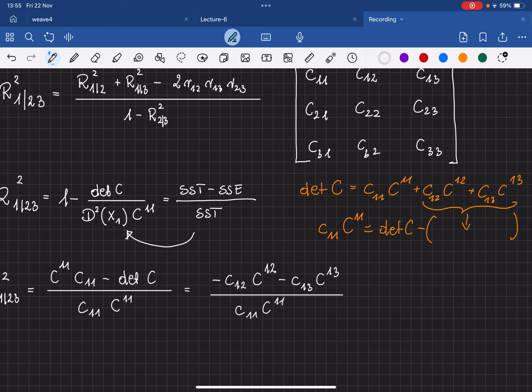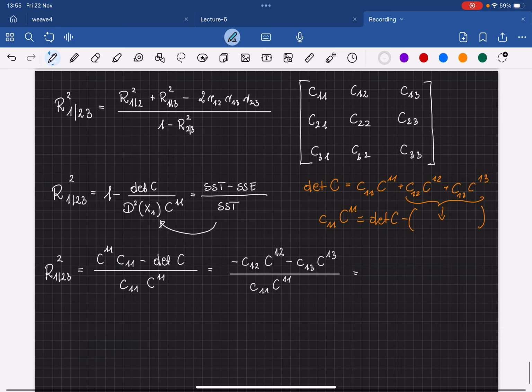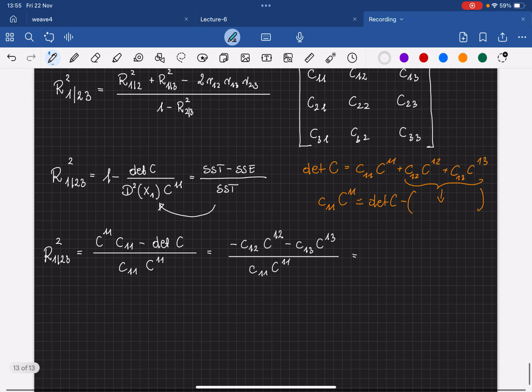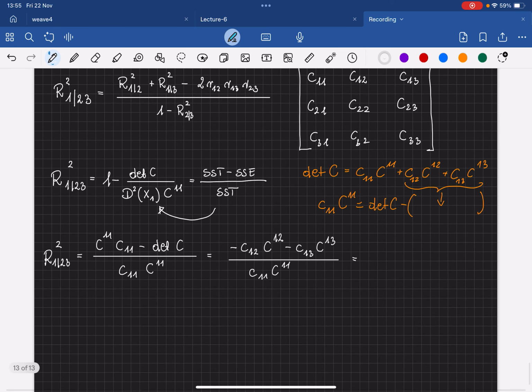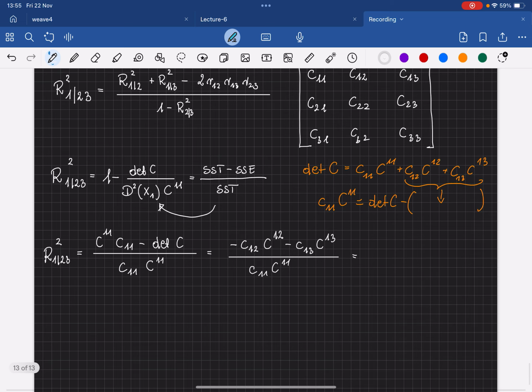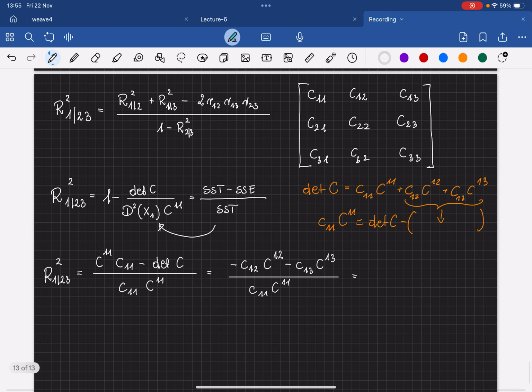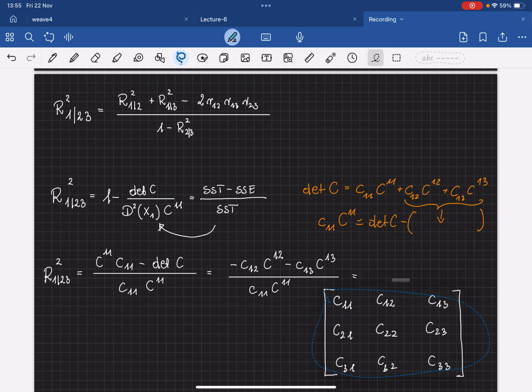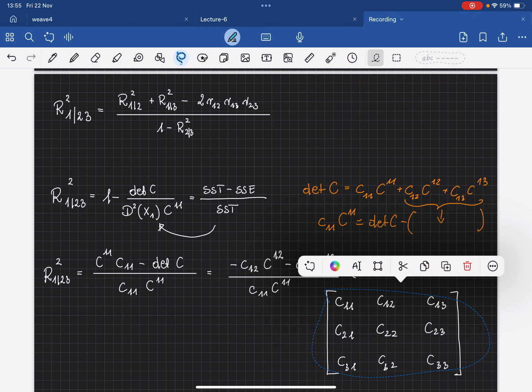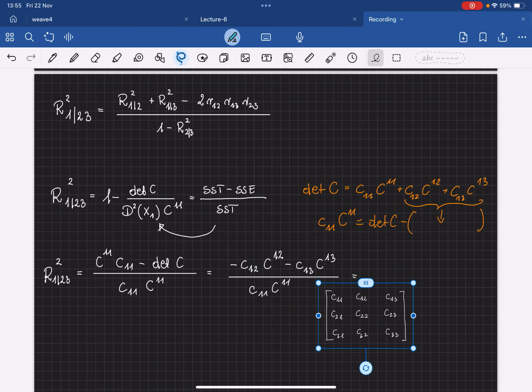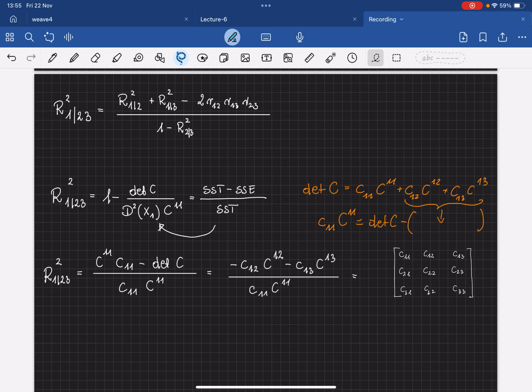So now we use formulae for algebraic complements. We will definitely need to refer to our matrix, so I will take this, move it here, maybe a little bit rescale it. So this is our matrix.